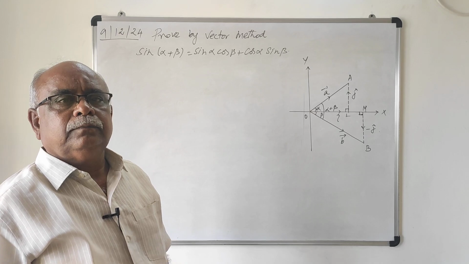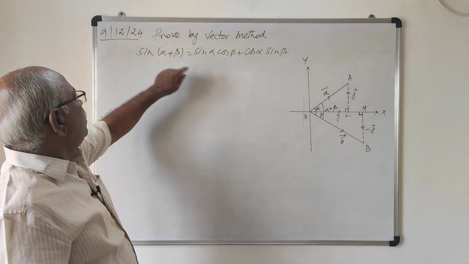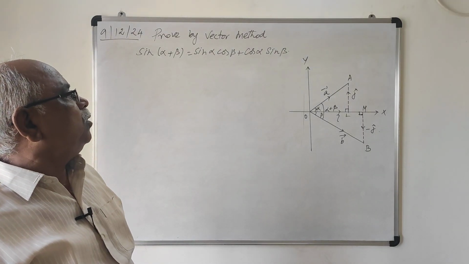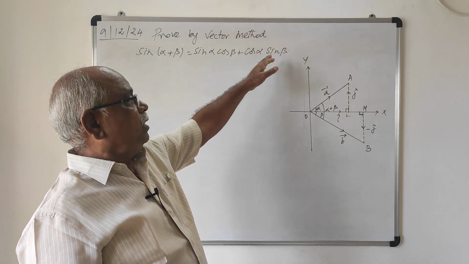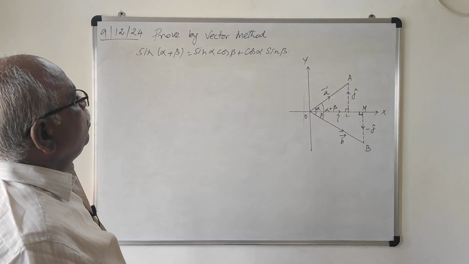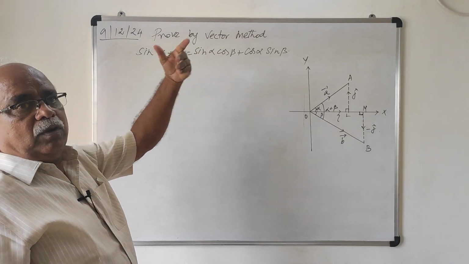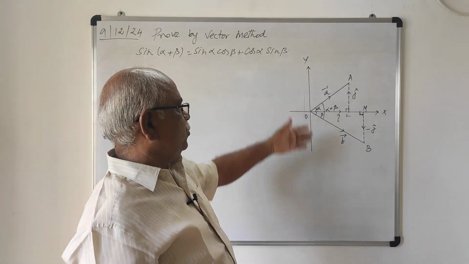Okay? Now we are going to prove the trigonometric result sin of alpha plus beta is equal to sin alpha cos beta plus cos alpha sin beta by vector method. For that you have to consider this diagram.